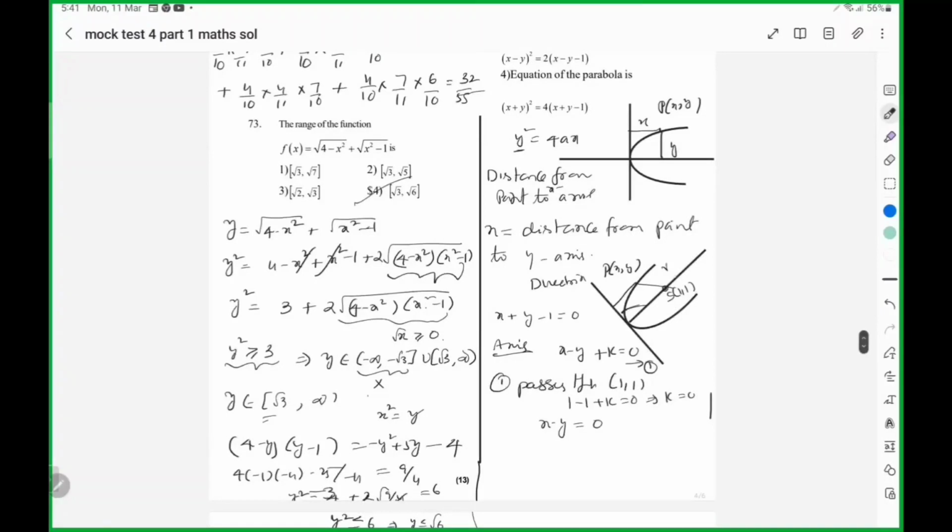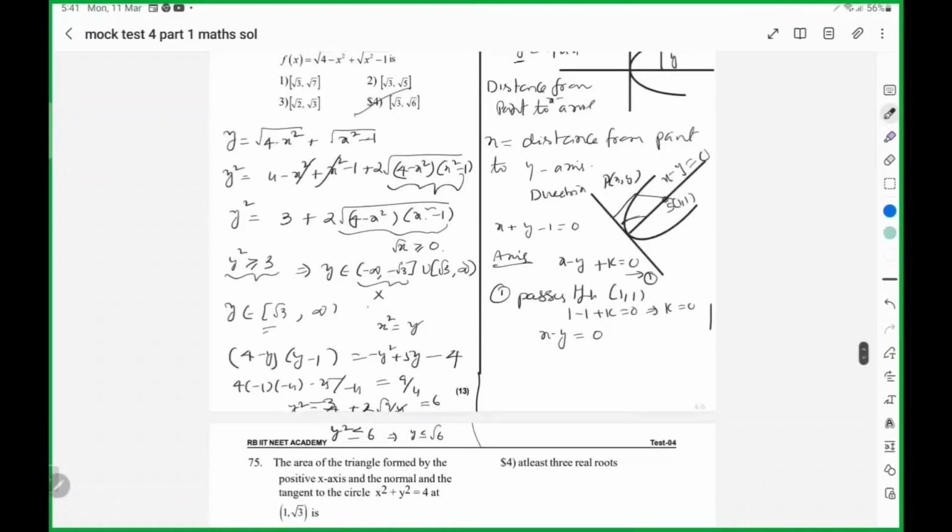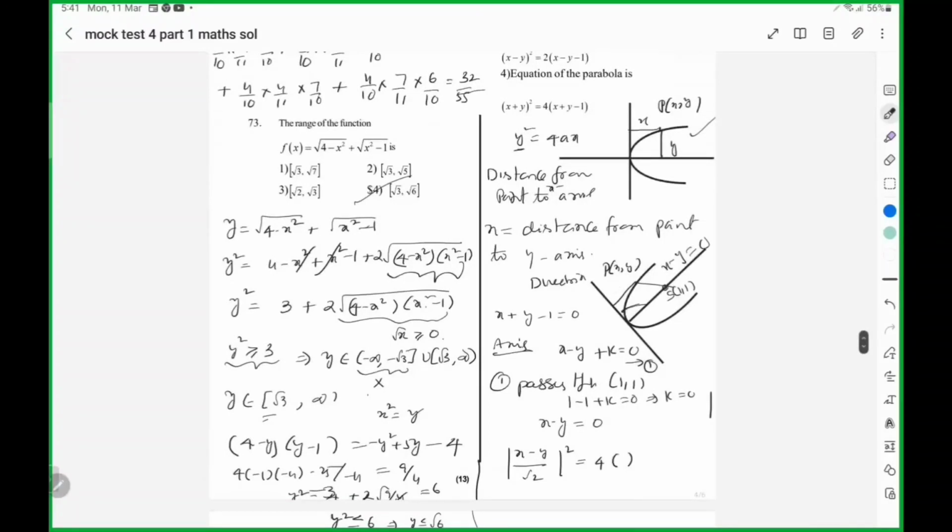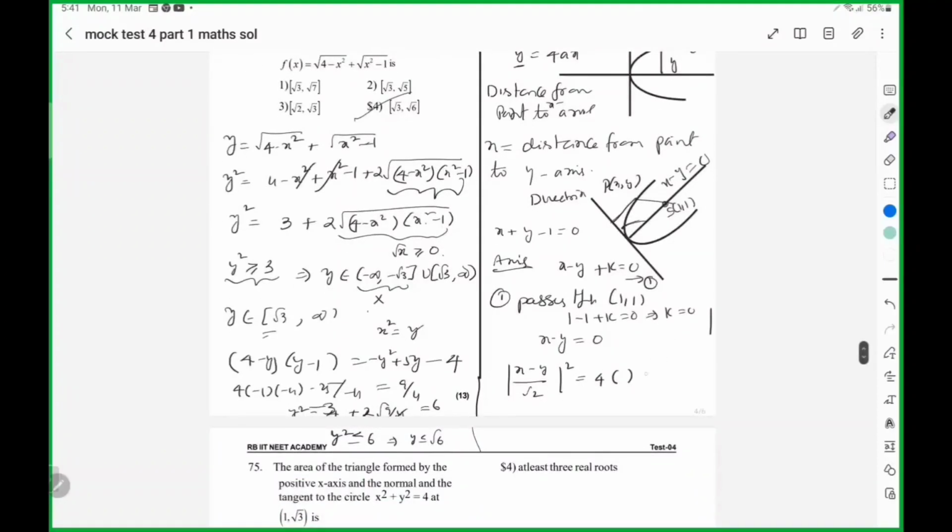So once you know the axis, as I suggested in this method, taking the distance from a point to the axis, which is 4 times a, and here x is nothing but the distance from the tangent at the vertex to this point. That axis equation we know, divided by root 2.